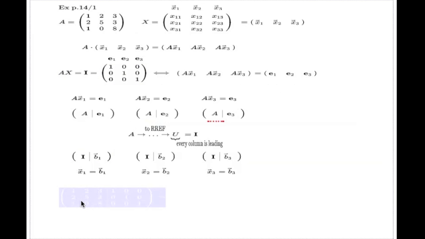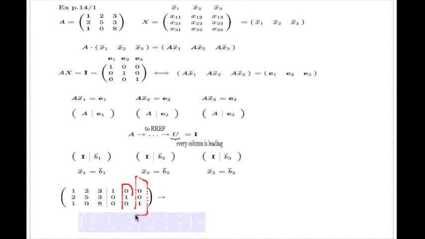Now it's no longer the augmented matrix in the sense we introduced it, but you see I combine all of the right-hand sides in one place. Here's my A matrix, the one we started with. And here are all the right-hand sides, all together.